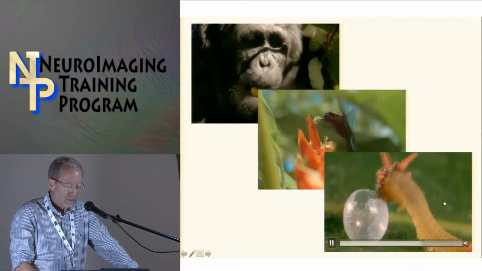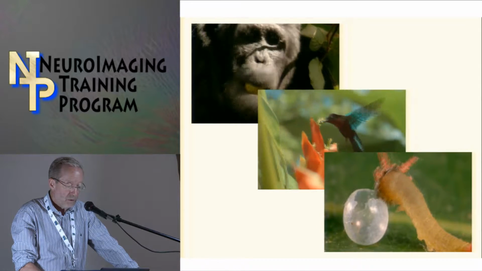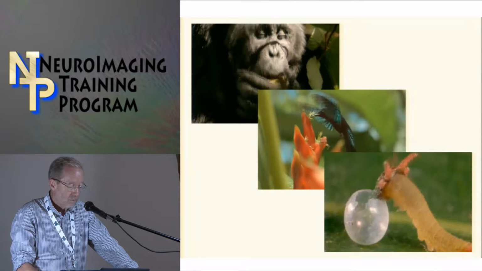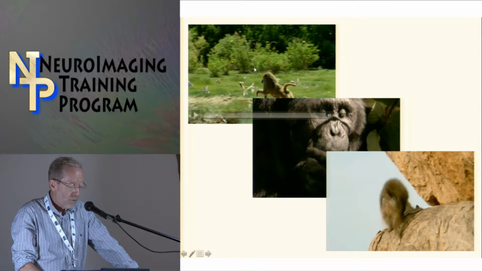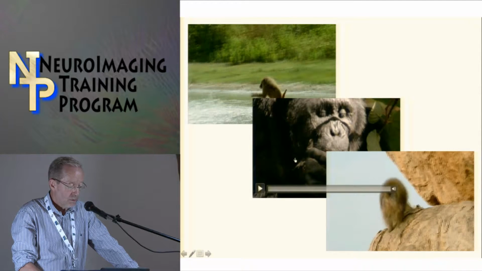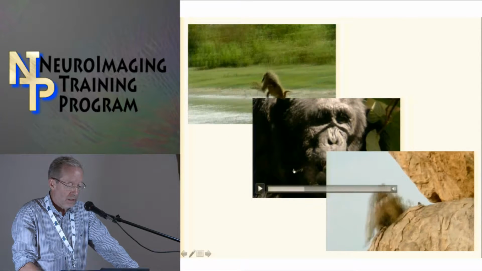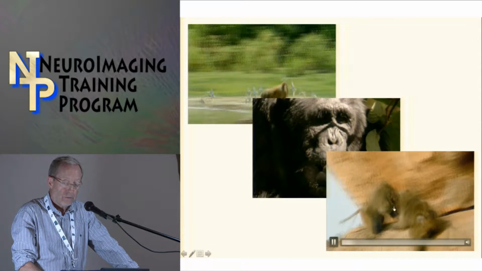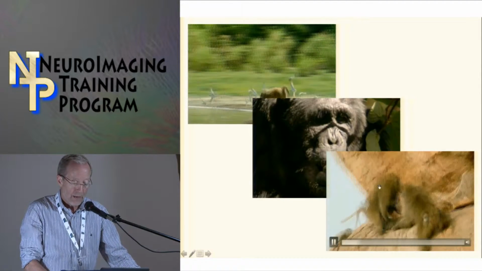They're all eating. And you can also have primates doing different things. So these are all primates. So there's a baboon running and a gorilla eating and a couple of baboons fighting. So now they share the taxonomic category and they don't share the action category.